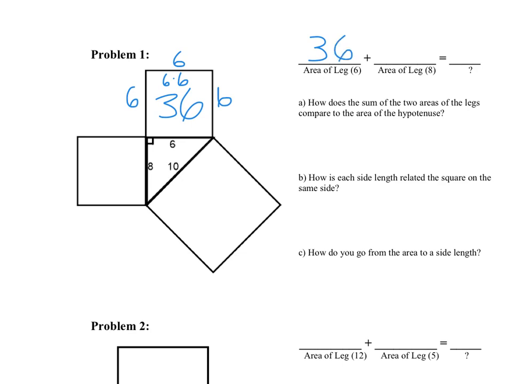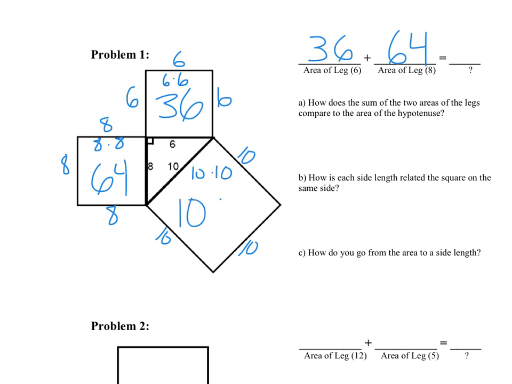My area for this square, all of the sides are 8, so I find my area, length times width. 8 times 8 is 64, and I put that in the second blank. My biggest square, all the sides are 10, so to find my area I do 10 times 10, and I get 100.